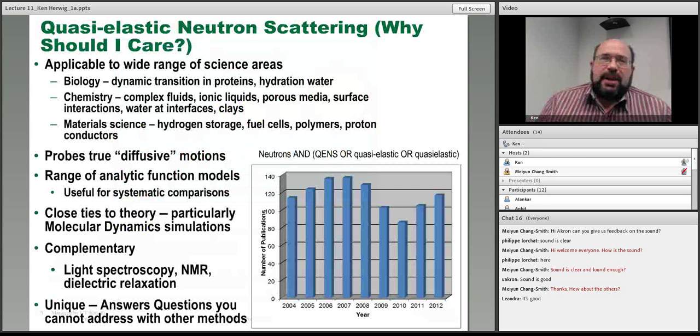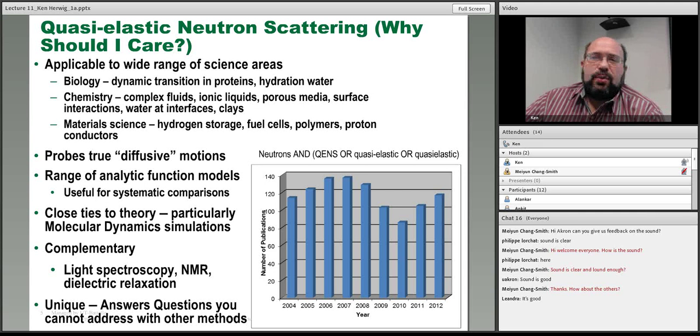So why should you care about quasi-elastic neutron scattering? After all, there's a whole tool set that you have, both in neutron scattering and in other probes of soft matter. Well, first of all, it's applicable to a wide range of science areas. Biology, looking at waters of hydration and trying to understand how phase transitions, dynamic transitions occur in proteins as a function of hydration level, and what the role of water and solvation is in biology.